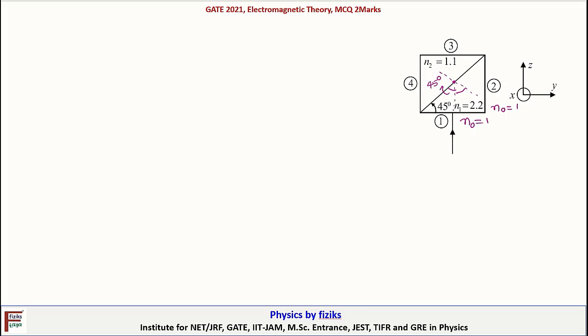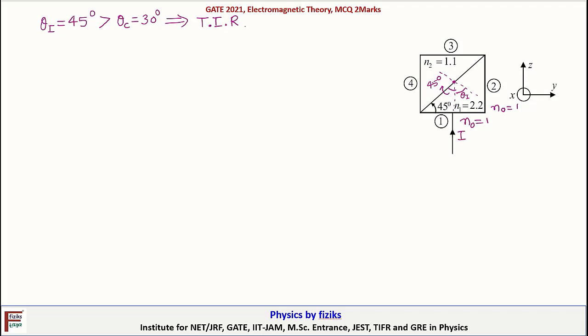It means this is theta I. So this theta I is 45 degree, and that is greater than the critical angle. Critical angle is 30 degree. It means there will be total internal reflection at this interface.